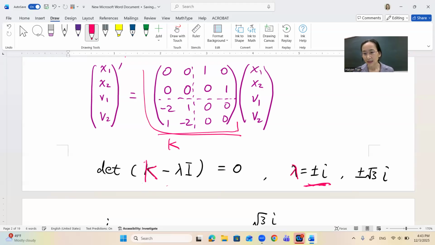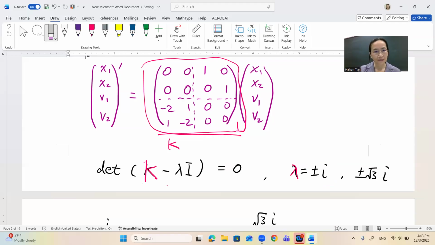You have 2, because for this real matrix, we know that we will have complex conjugates. Once you have one complex eigenvalue, you have its conjugate as also a complex eigenvalue. So plus square root 3i or minus square root of 3i.